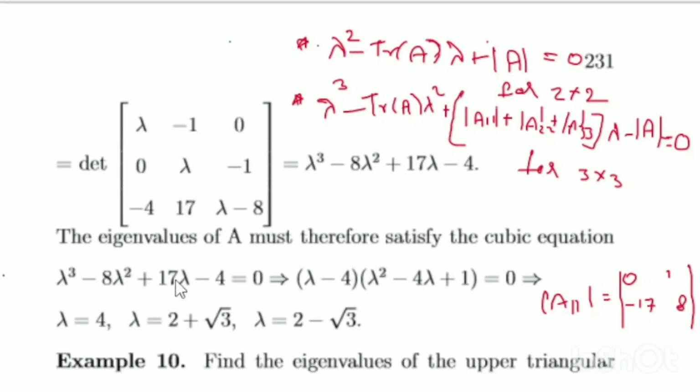When you expand this, you will get lambda cube minus 8 lambda square plus 17 lambda minus 4. That is the equation. So the characteristic equation of A is lambda cube minus 8 lambda square plus 17 lambda minus 4 equal to 0.